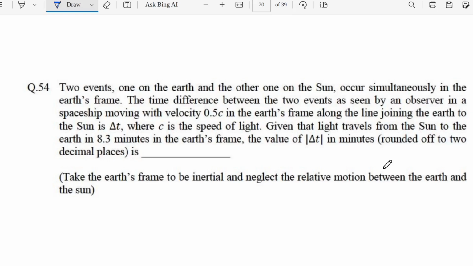Given that light travels from the sun to the earth in 8.3 minutes in the earth's frame, the value of mod delta t in minutes rounded off to 2 decimal places is how much?